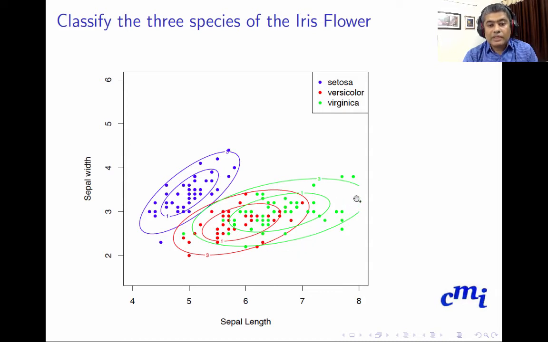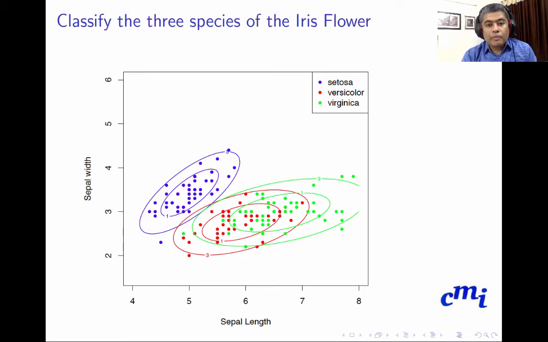Similarly, we can take all the red points, which represent the versicolor, and compute their mean and covariance, and that gives the distribution of versicolor. So the distributions of setosa, versicolor and virginica are very different.